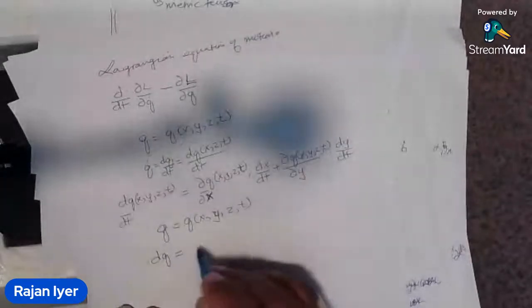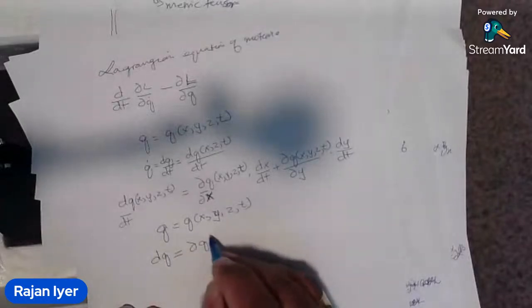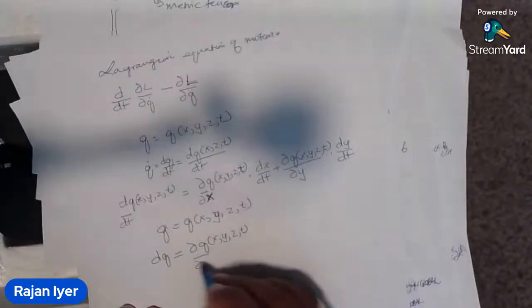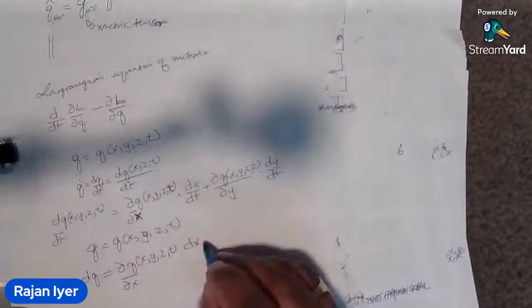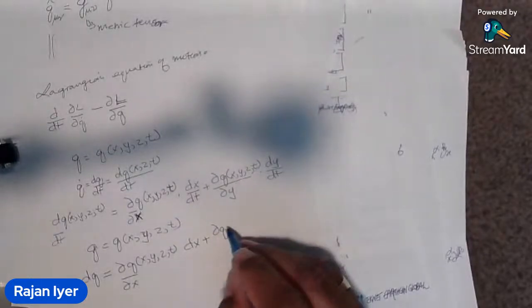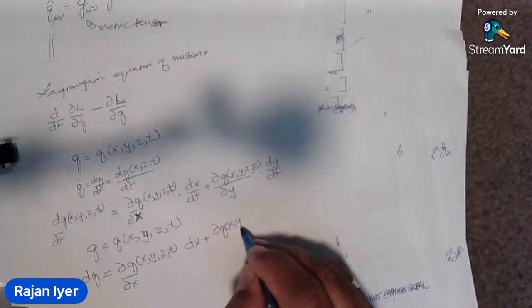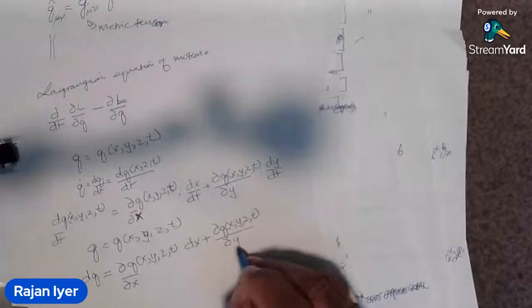The full differential is nothing but del q x y z t over del x times dx, plus del q. This is the definition. We are going back to the definition of the full and the partial differential. Again, it's the next level of calculus. It's not the most advanced, like I said, but it's not the basic level.